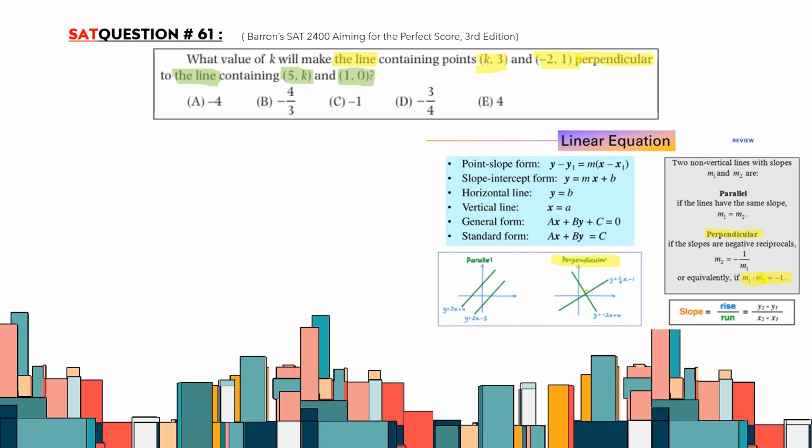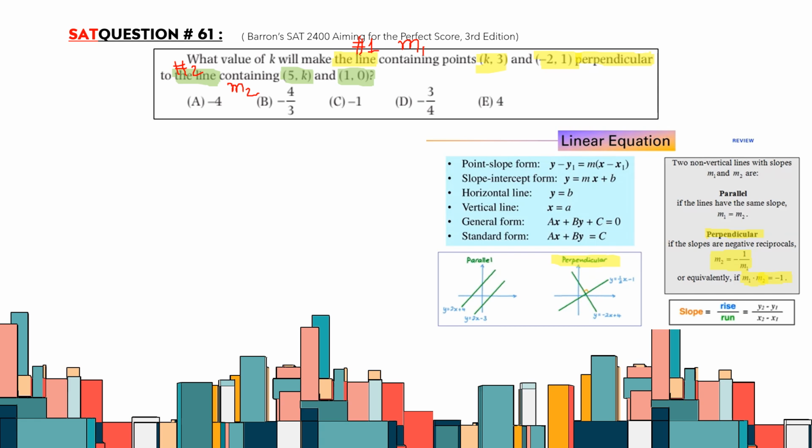Or we can say the slope of the second line will be -1 over m, where m1 is the slope of line 1. So this is line number 1, this is line number 2. Line number 1 has the slope m1, line number 2 has slope m2.